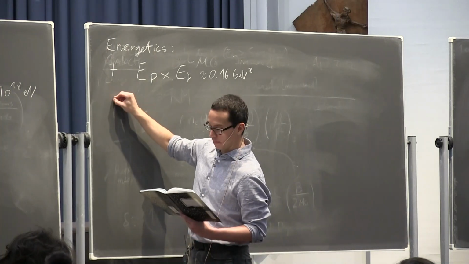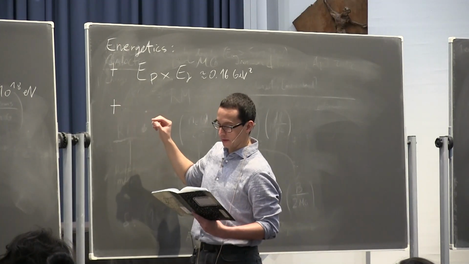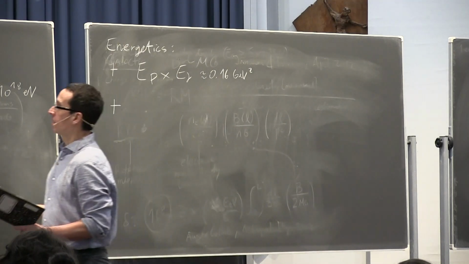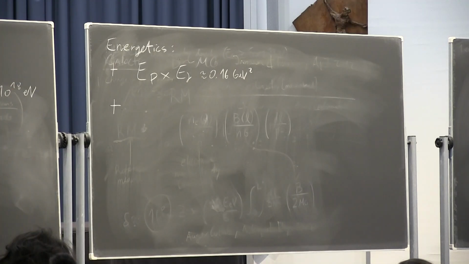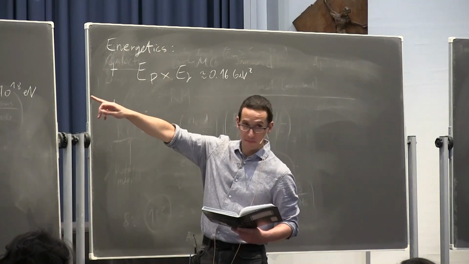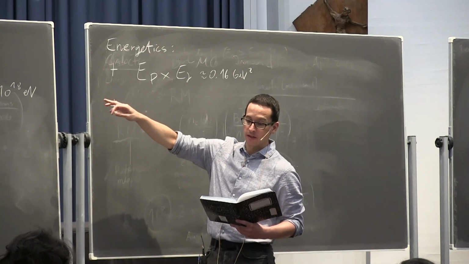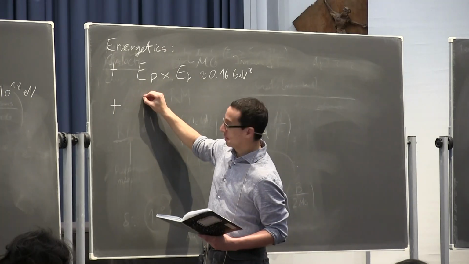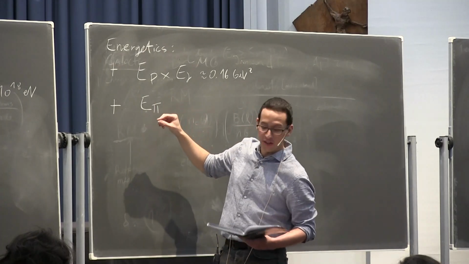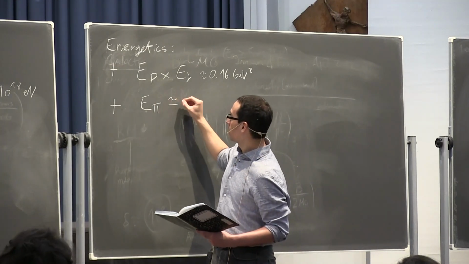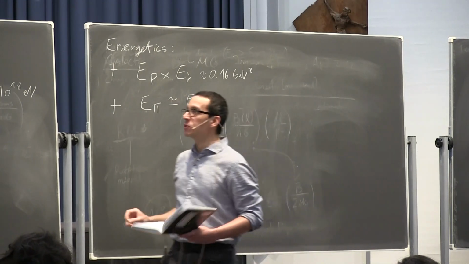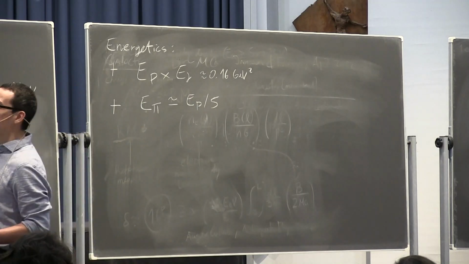And the second piece of the argument is that if we have an energy for the proton of E_p, then the energy on average of the outgoing pion is 20% of that. And this is not something I can show you here. It's something that comes out of particle shower simulations. And the reason is you need to know how to hadronize things, right?